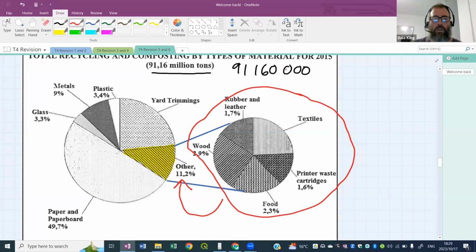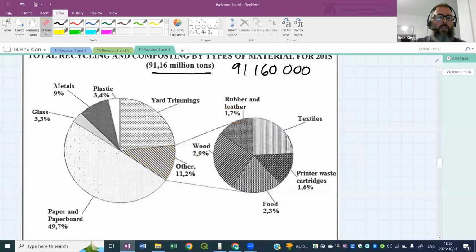So just remember that. All these little percentages that we see here, 1.7, 2.9, 2.3, and 1.6, and look, there's one missing. They're probably going to ask us about that. All of those should add up to 11.2. They're just expanding that 11.2 to show you what's in the 11.2. I hope you guys can see that.